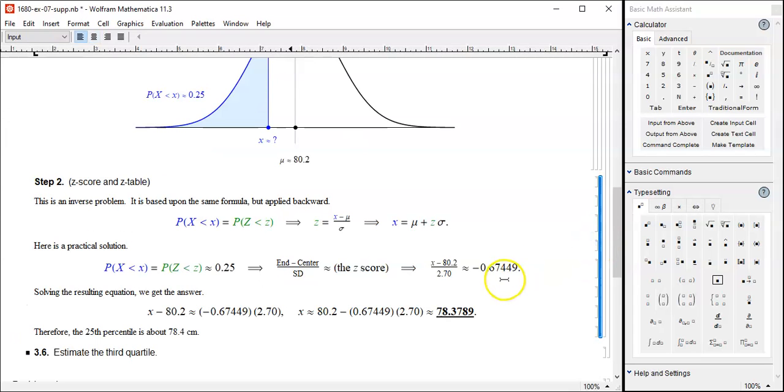By the way, this is a problem. Yeah, okay. I use a little bit more precise calculator. Instead of negative 0.675, it turns out 0.6449. But come on, if you look up this table, then you're going to get about 0.675. And compared with what we got before, pretty much the same.